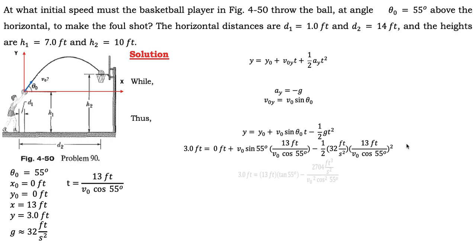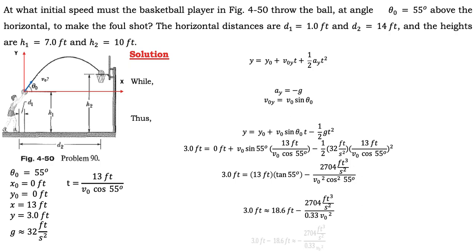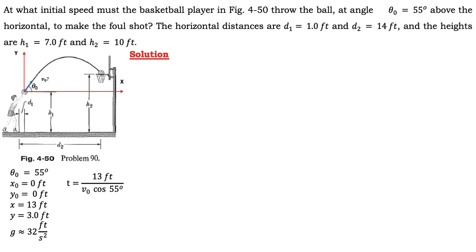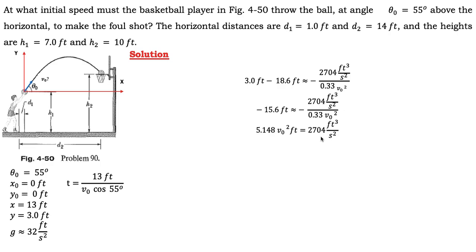We operate this equation, this and this, and then we get this. We get v0 squared approximately 2,704 feet cubed per square second divided by 5.148 feet.